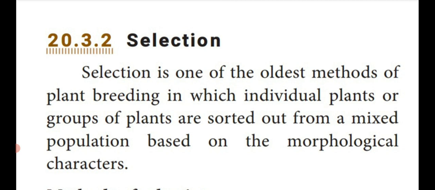That means their activities. That is said to be selection. Likewise, from a group of mixed population with different characters, we are able to select the desired quality of a plant by morphological characters, which is known as selection.